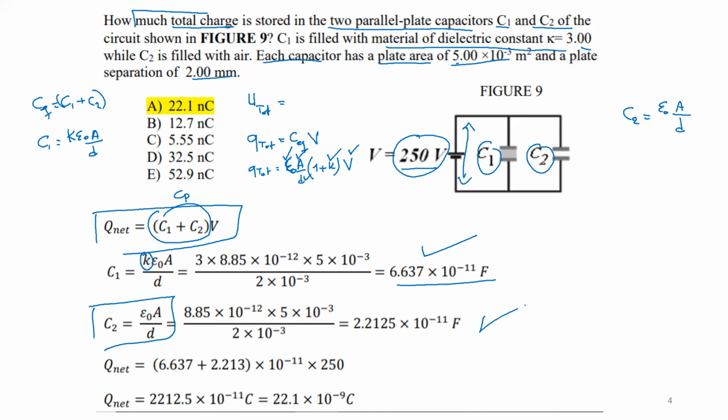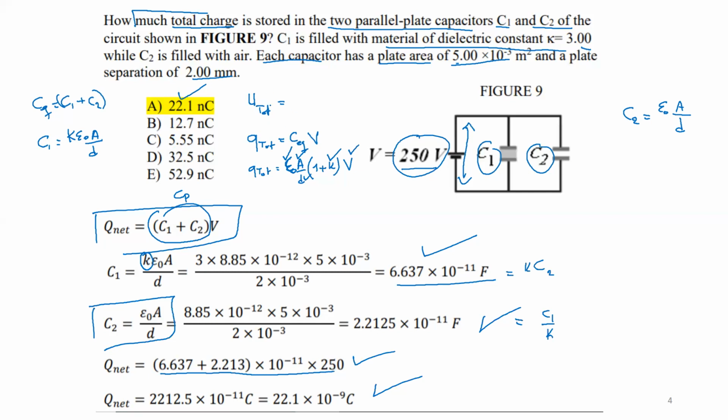So C2 will be just C1 divided by kappa, and C1 will be kappa multiplied by C2, as we discussed already. Kappa being 3, the dielectric constant. So that's it. You calculate and then you get 22.1 nanocoulomb.